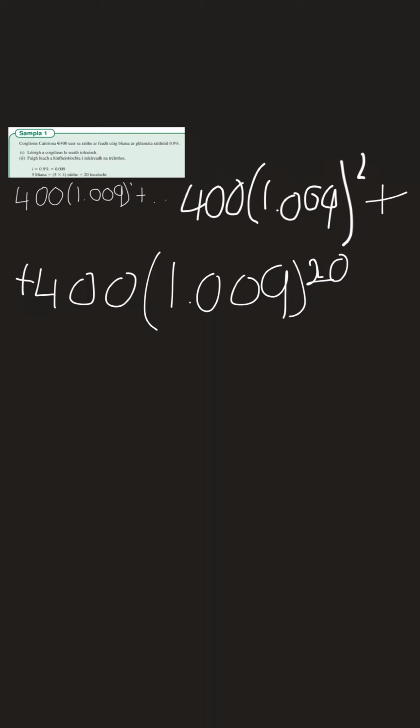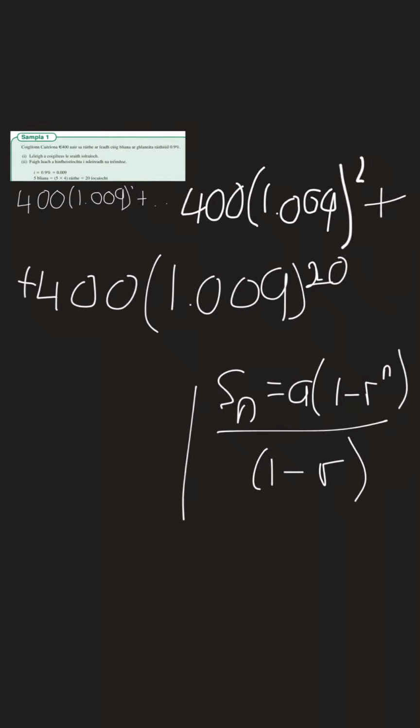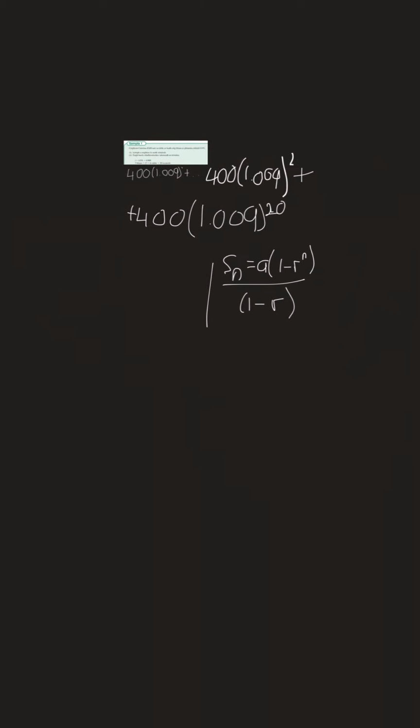Obviously, we don't want to physically put that into the calculator, so we use our formula. Sn equals A times 1 minus R to the power of N, over 1 minus R. Now A we already know is 400 times 1.009.